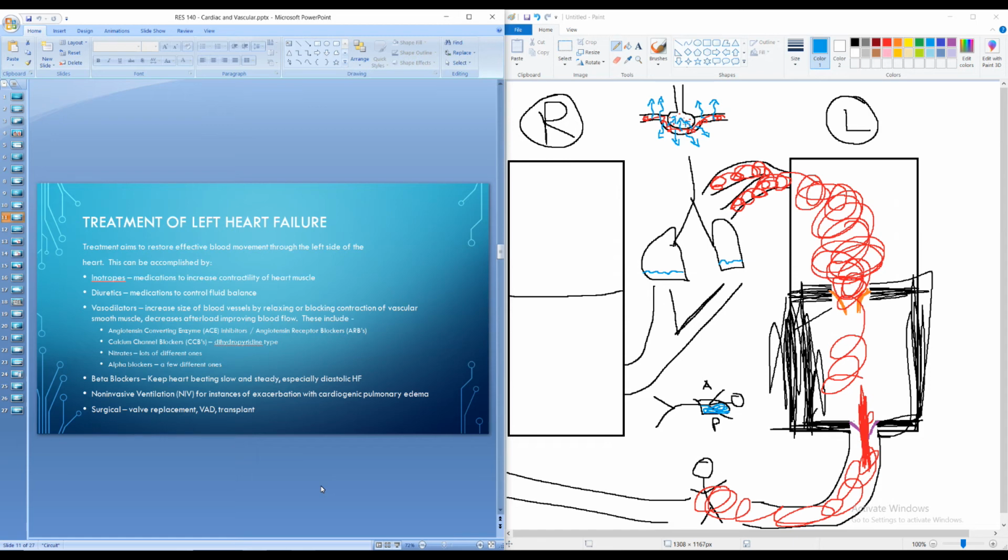In this case, we're talking about vascular smooth muscles. So there's a couple different ways to get those vascular smooth muscles to relax and keep them relaxed. What that's going to do, that's of course going to decrease the afterload and improve flow through the blood vessels systemically, so the left side of the heart can function a little bit better.